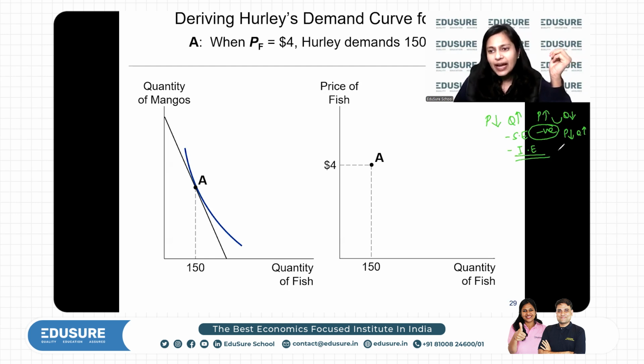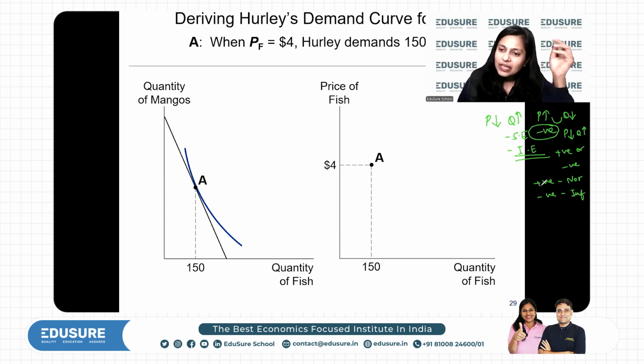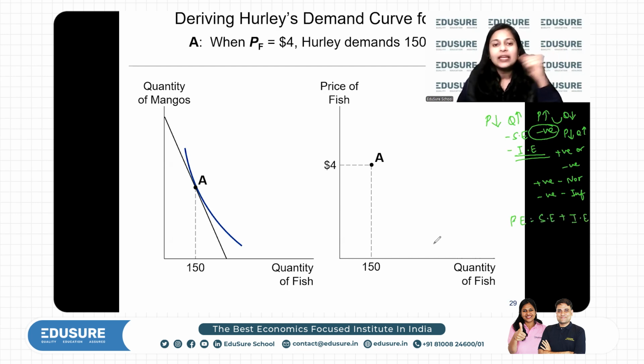Income effect, on the other hand, can be positive or negative. Income effect is positive for normal goods, as we discussed earlier. It is negative for inferior goods. The sum of the two is the price effect. Price effect is the sum of substitution effect plus income effect.